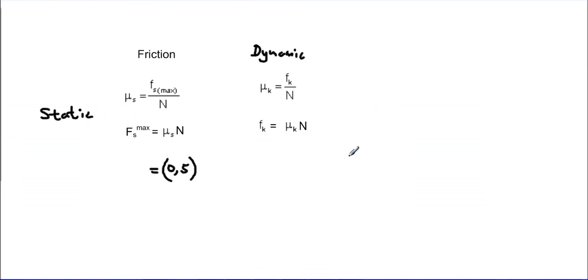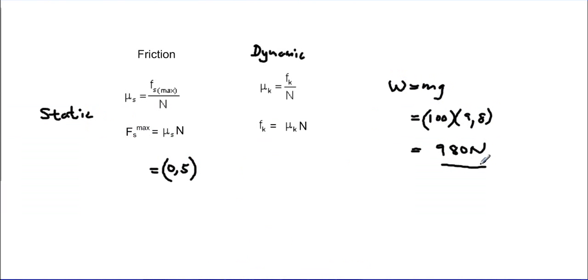If you take the weight, W equals mg. The mass of the object is 100 kilograms, and gravity is 9,8. Working it out, the gravitational force acting on the object is 980 newtons.